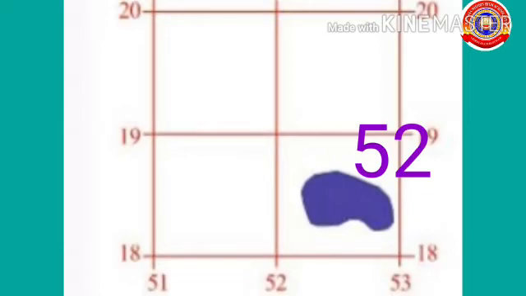Northings are lines drawn in the east-west direction. Here it is 18. Thus, the location of the lake as per the 4-figure grid reference will be 5218. Every time 4-figure grid reference includes 4 digits.